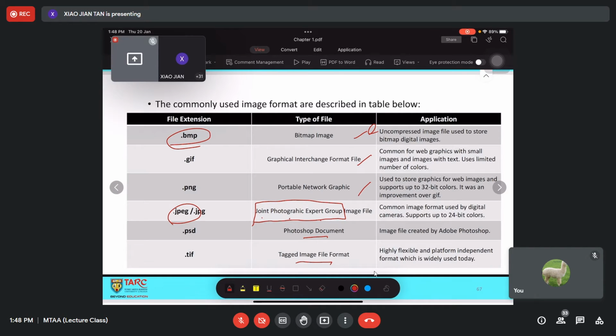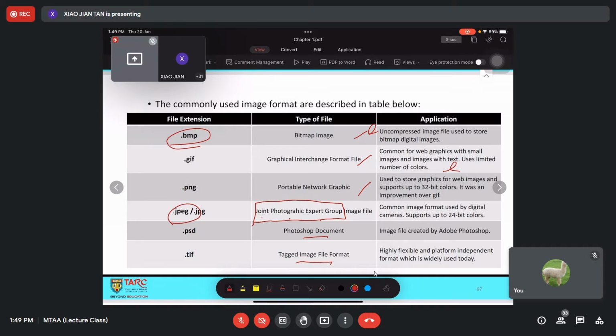Okay, so GIF is common for web graphics with small images and images with text, using a limited number of colors. It is more like short animations, maybe one second, like the GIFs you use in your IG and also Messenger. PNG is used to support graphics for web images and supports up to 32-bit color.